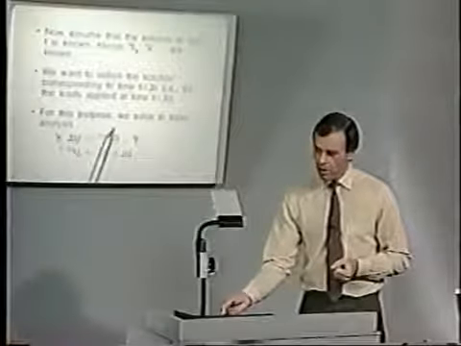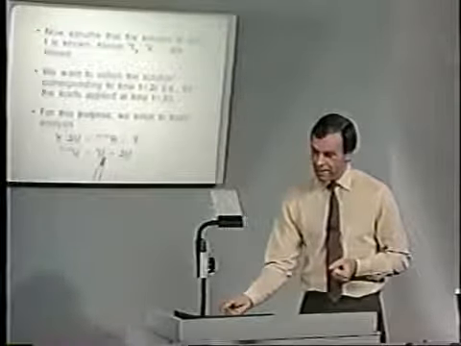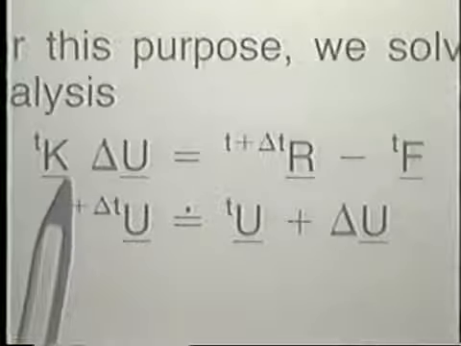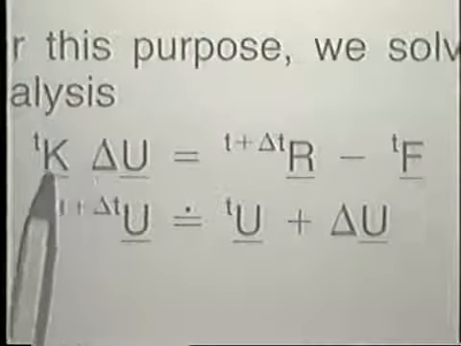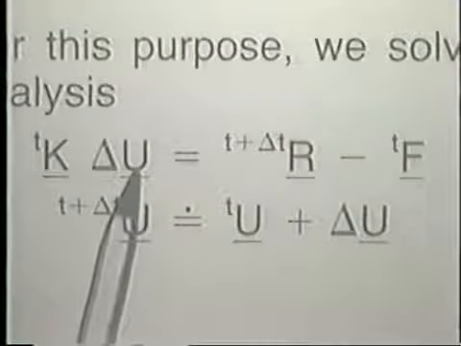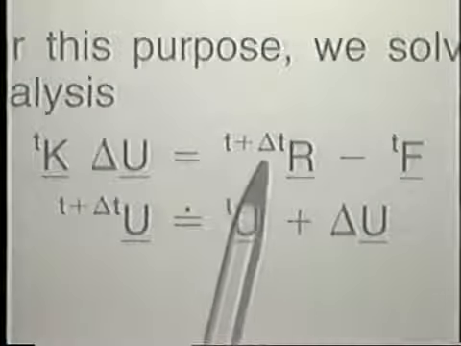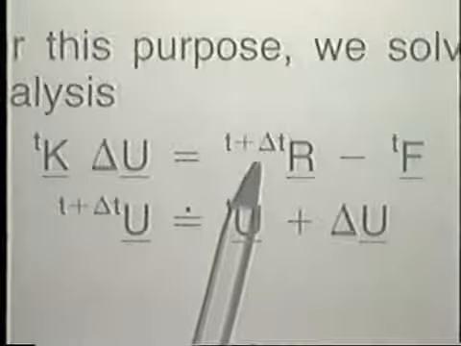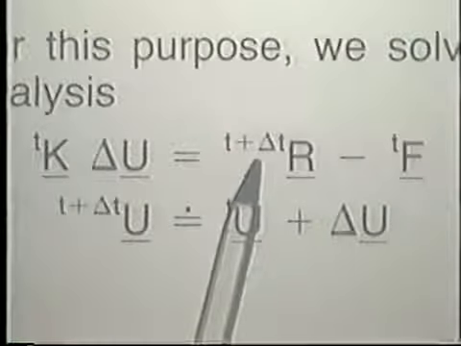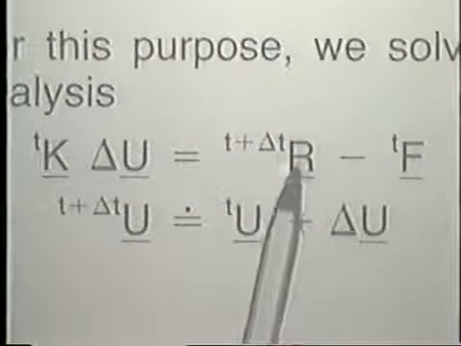For this purpose, we solve in static analysis this set of equations. Tk is a tangent stiffness matrix of the system. Delta u is a vector of increments in the nodal point displacements. On the right-hand side, we have the externally applied loads corresponding to time t plus delta t in this R vector.